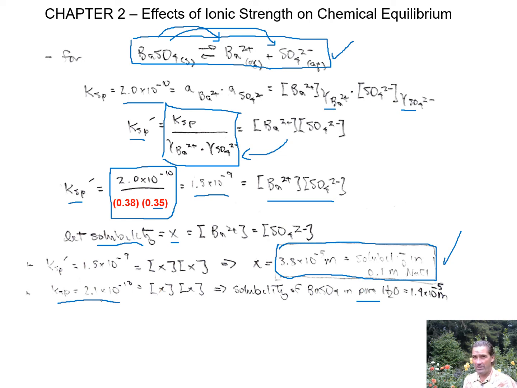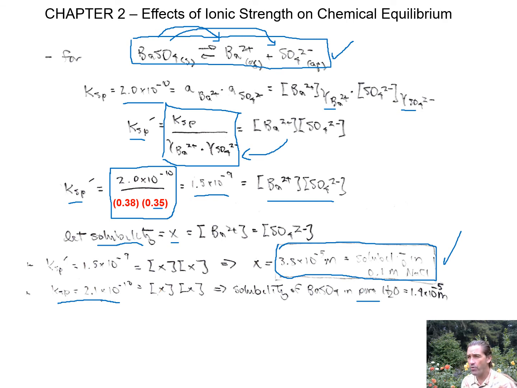You can explain it in terms of the masking effect, or in terms of the equilibrium and the forward and reverse rate of the products and reactants, but you need to be able to explain to me how the ionic strength affects the equilibrium. And thirdly, at least on a worksheet, I would like you to be able to do a calculation like this last sample problem. I think that would be a good exercise for you.